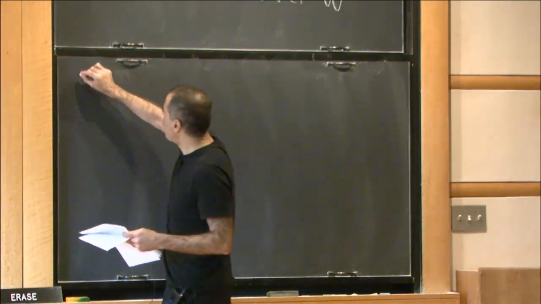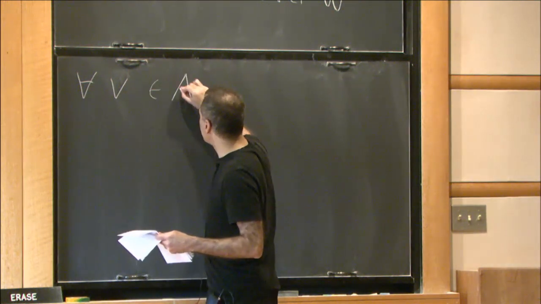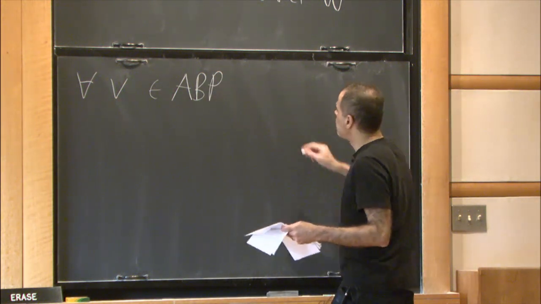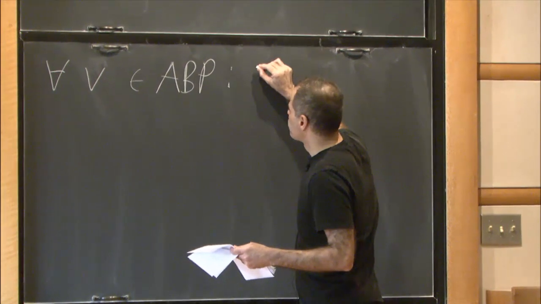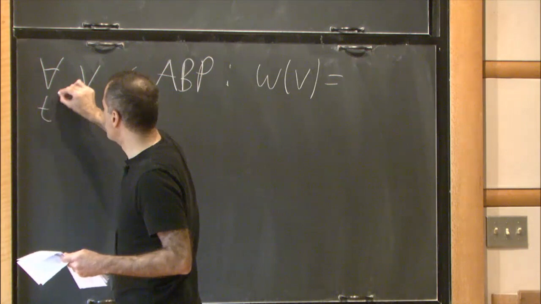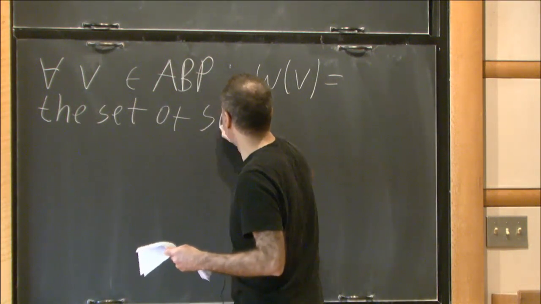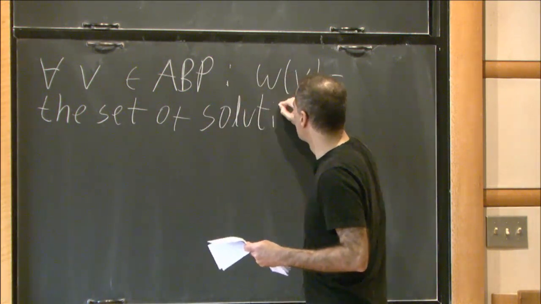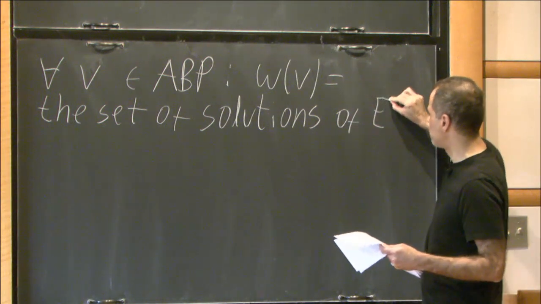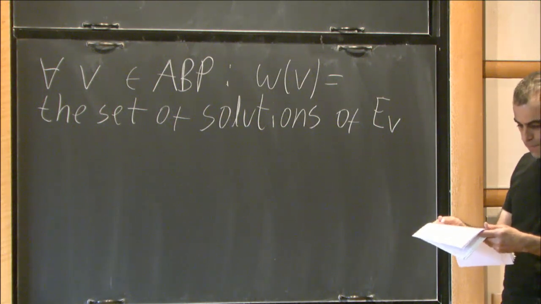For every vertex V in an affine branching program, we denote by W_V the set of solutions of the set of equations E_V.